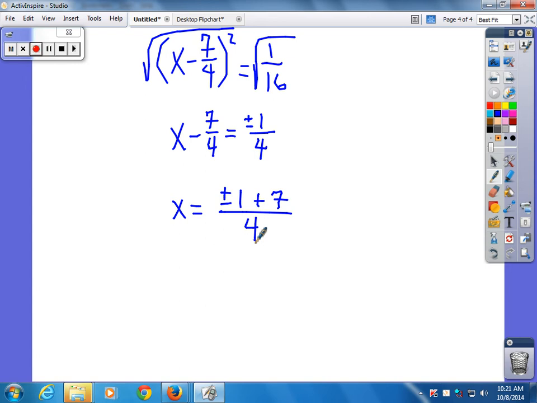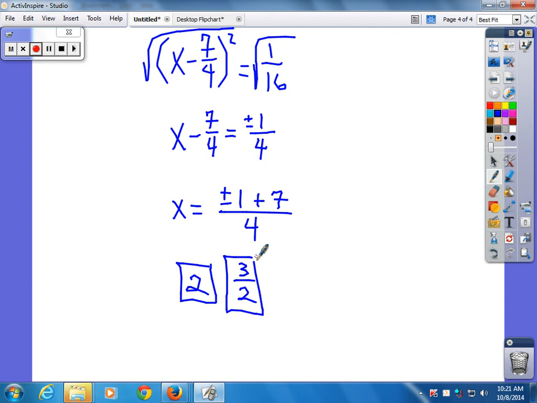What's 1 plus 7 over 4? That's one x-intercept. Negative 1 plus 7 is 6/4. That's the other x-intercept.